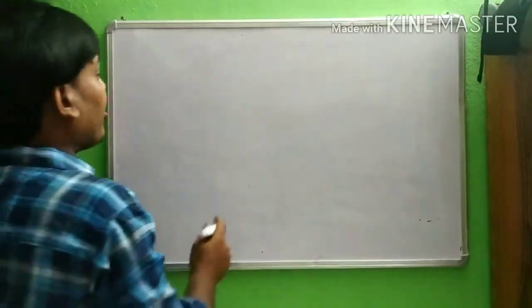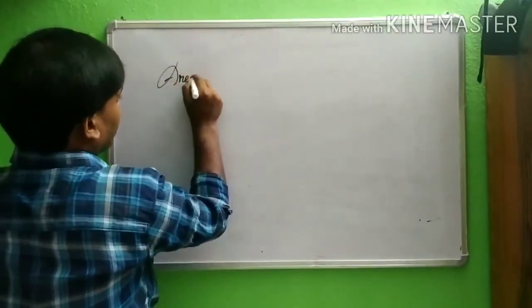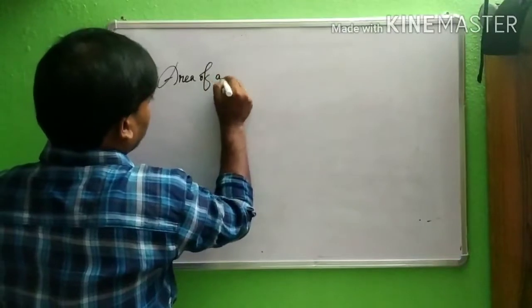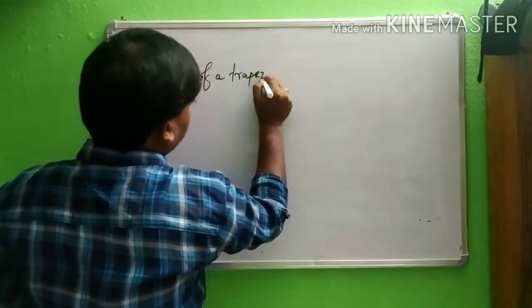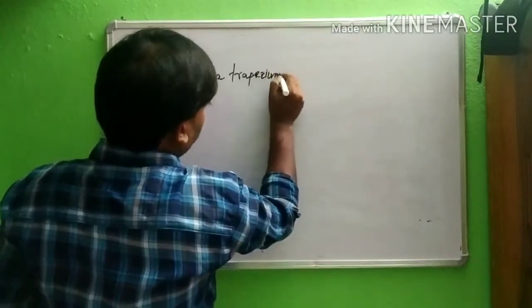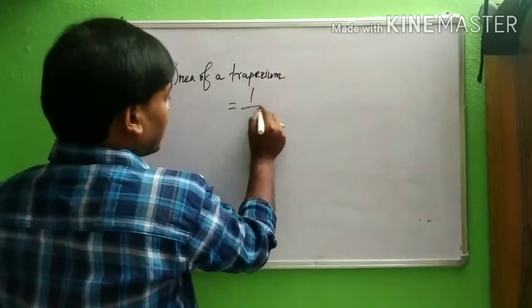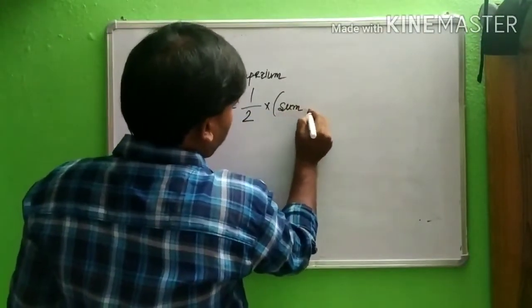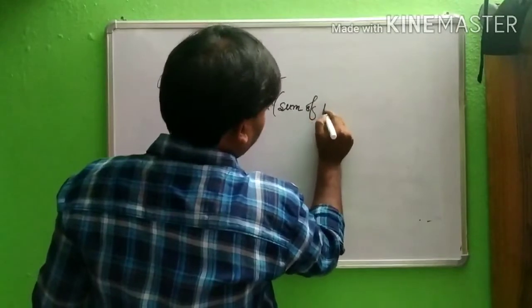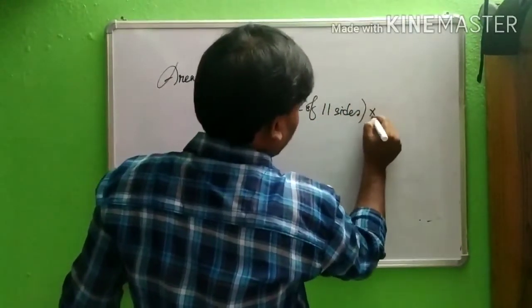So area of a trapezium. What is the area of a trapezium? The formula is half into sum of parallel sides into height.